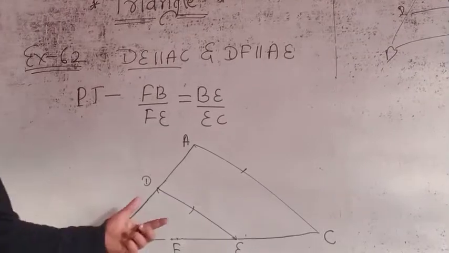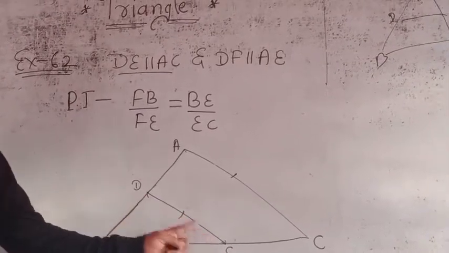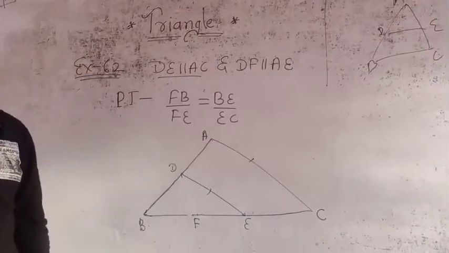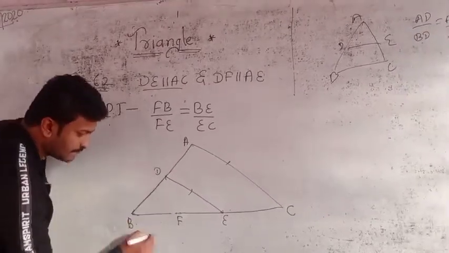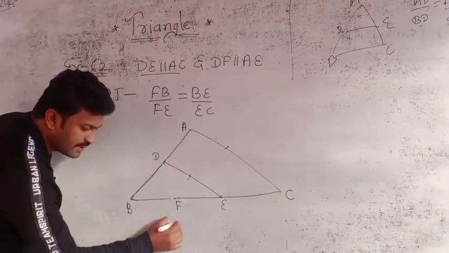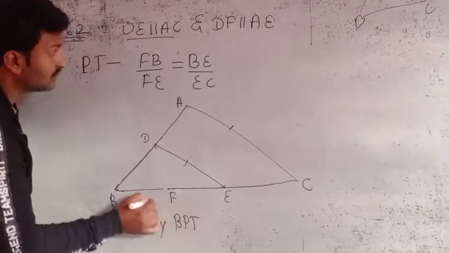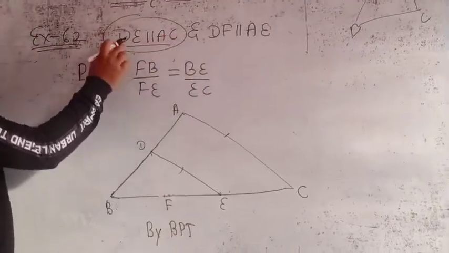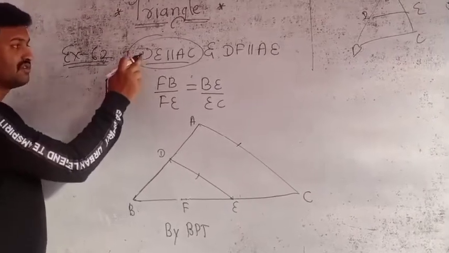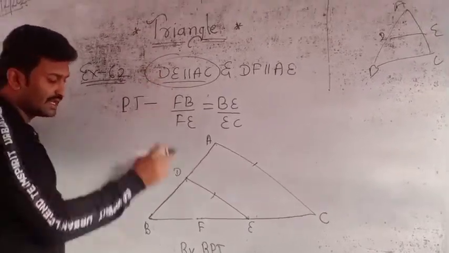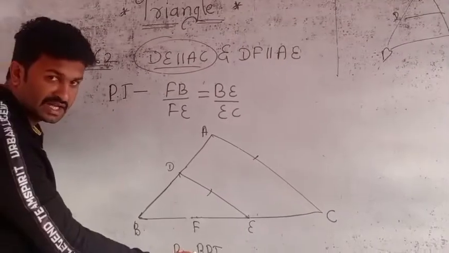Okay. Apply BPT. DE is parallel to AC. How to write the BPT ratio? We are taking the use of these two parallel sides and writing the ratio according to BPT.